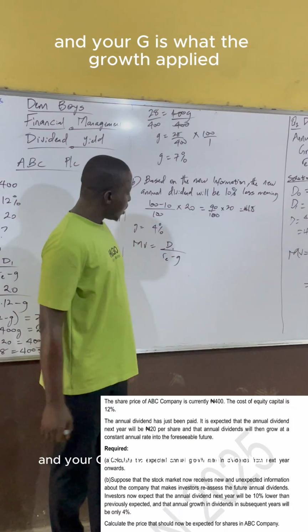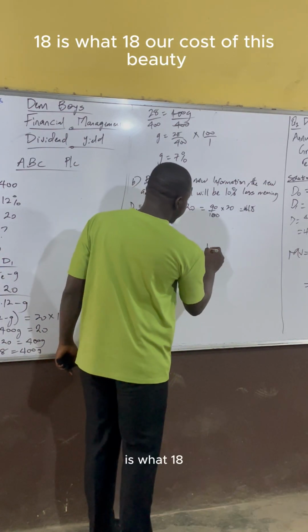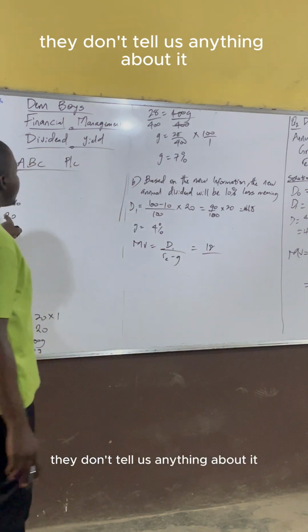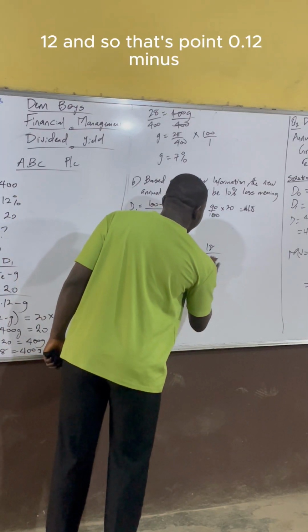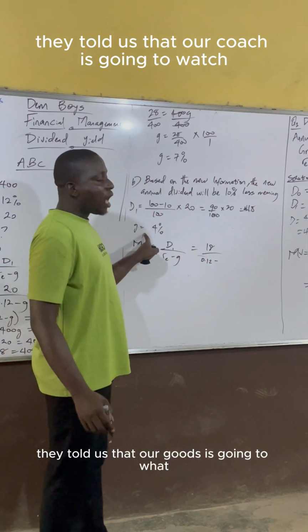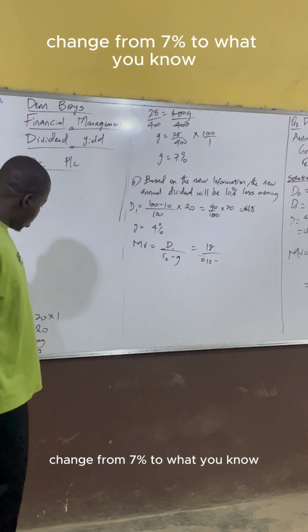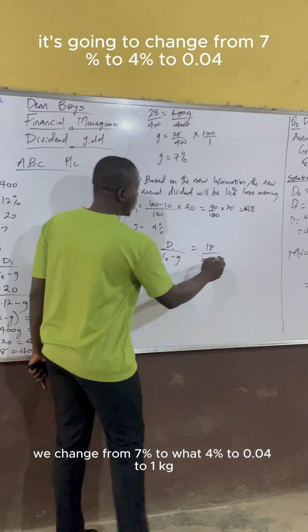So now our D1 is 18. Our cost of equity, they don't tell us anything about it, so we'll use the same 12% back, that's 0.12. Minus, they told us that our growth is going to change from 7% to 4%, so 0.04.